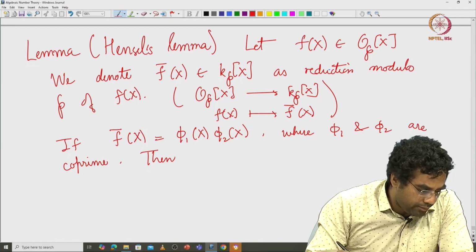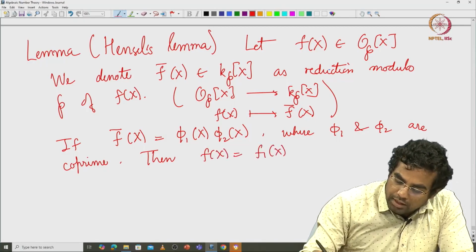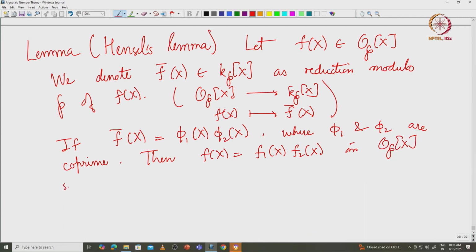Then the polynomial f itself factorizes in O_p of x, f of x is f1 of x times f2 of x in O_p of x such that, well, first of all, you see the degree of f bar could be strictly less than degree of f.